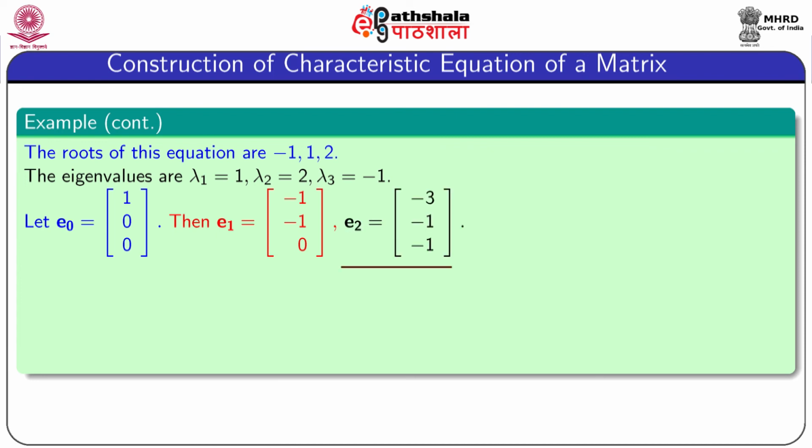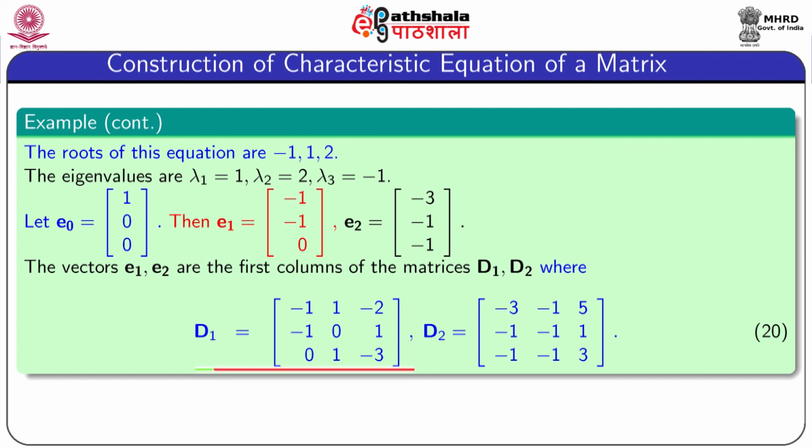E2 is minus 3, minus 1, minus 1. This is the first column of the matrix D2. The vectors E1 and E2 are the first columns of the matrices D1 and D2, because E0 is taken as the first unit vector.